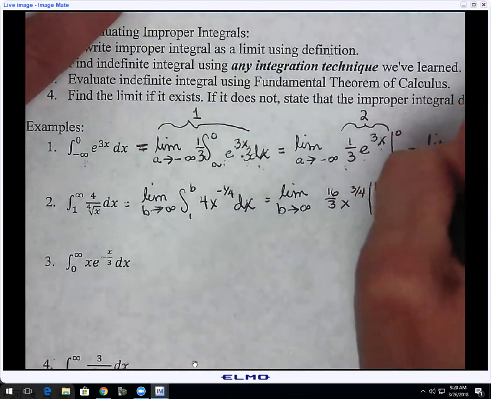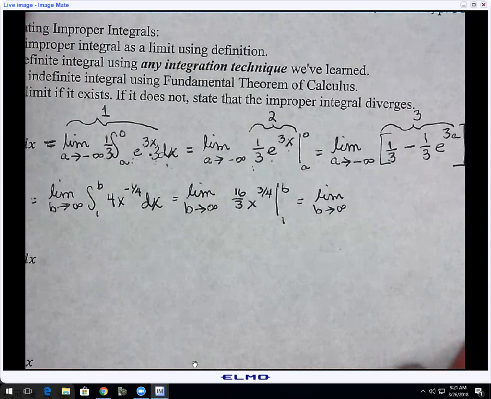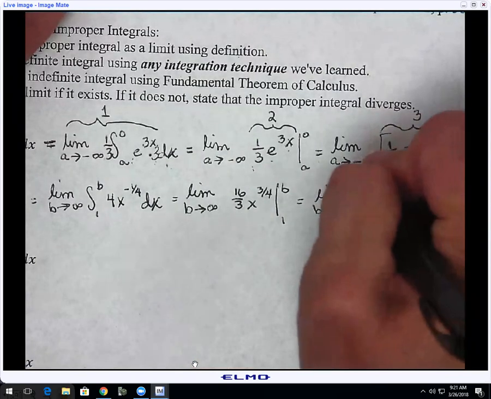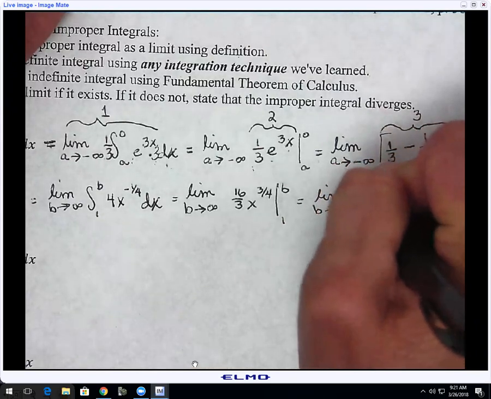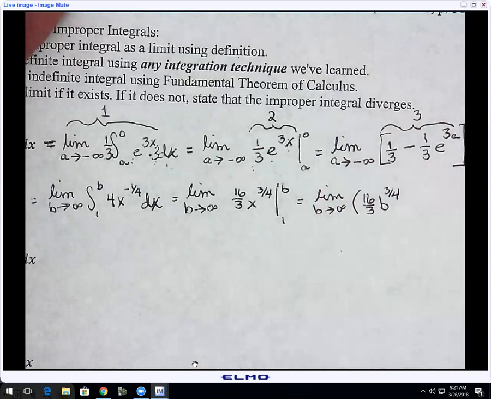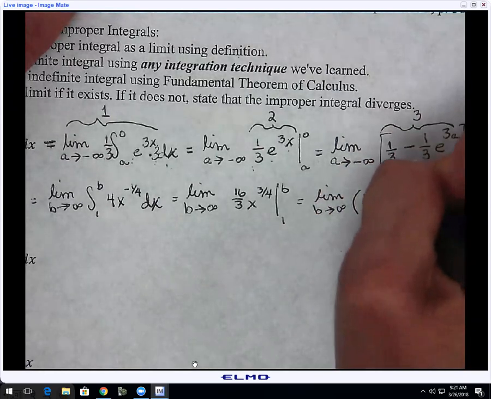Don't lose any part of your limit notation. But we're ready to apply the fundamental theorem of calculus. Put b in place of x. And subtract what you get when you put 1 in place of x.